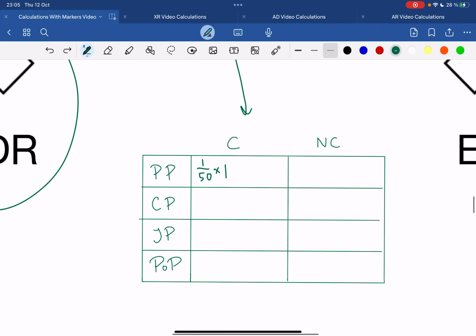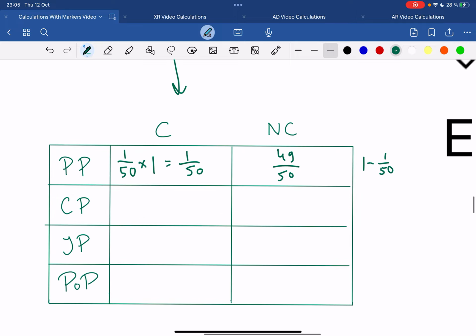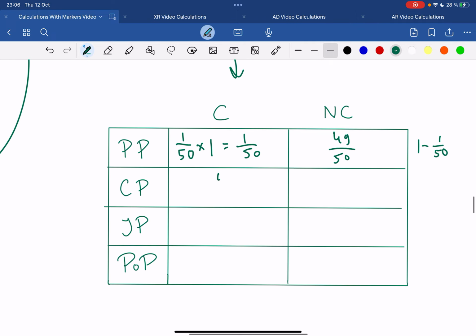And that is equal to 1/50. Then here we do 1 minus 1/50, and that is 49/50. Then conditional probability is same as always, 80%, so 4/5, and here it's 1.